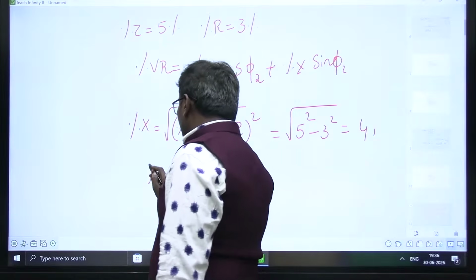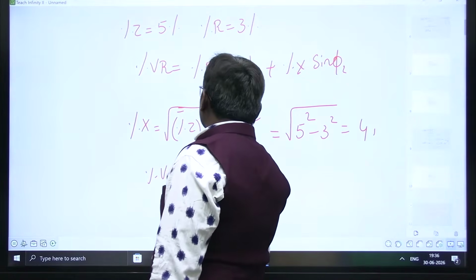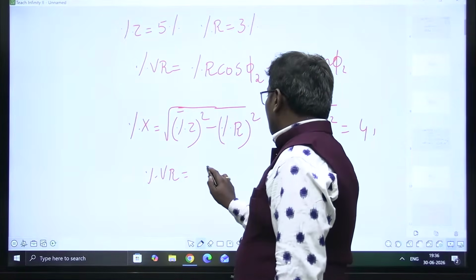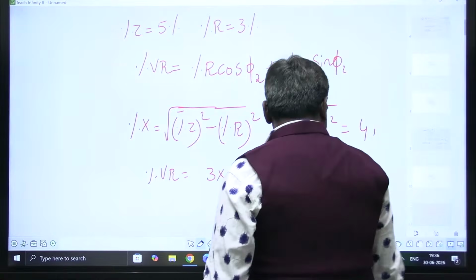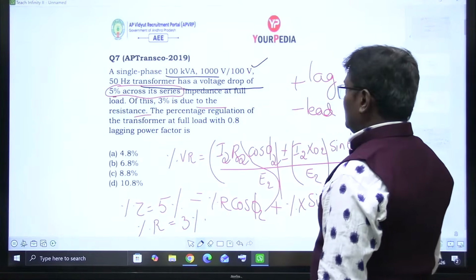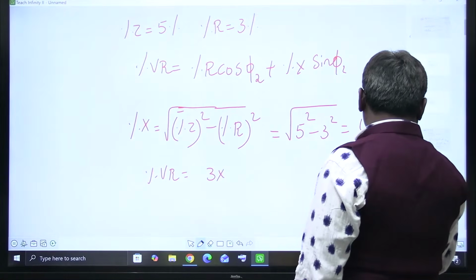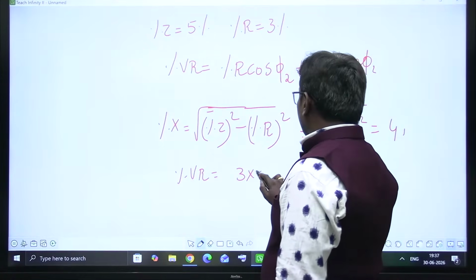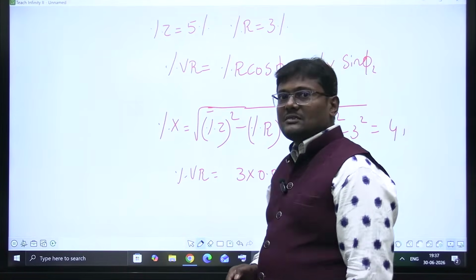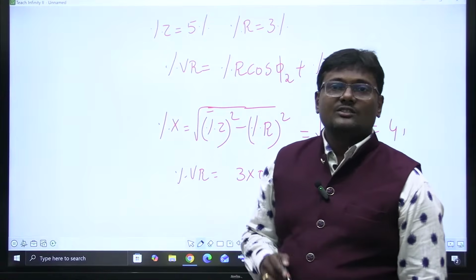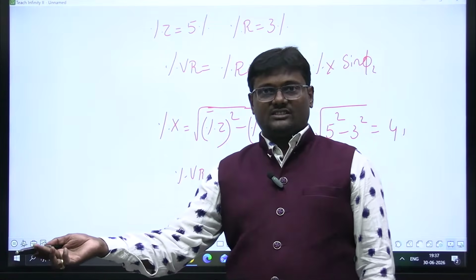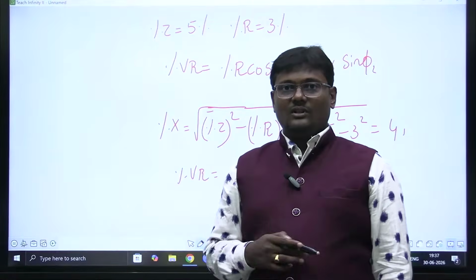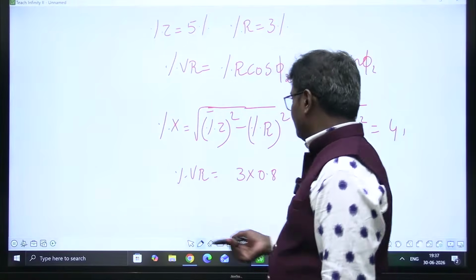Now substitute into the percentage voltage regulation. Percentage resistance is 3, into the power factor, which is given as 0.8. You should remember that if the power factor cos phi is 0.8, sin phi is 0.6.